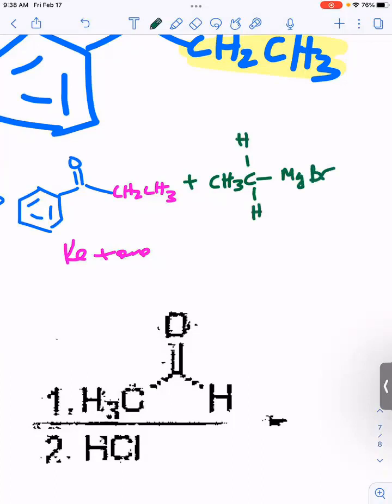If I have 2 moles of Grignard and 1 mole of ester, that second mole of Grignard is going to attack the ketone that I make from the addition of the first mole. Right, so this is coming here like this. That doesn't change. This doesn't change.